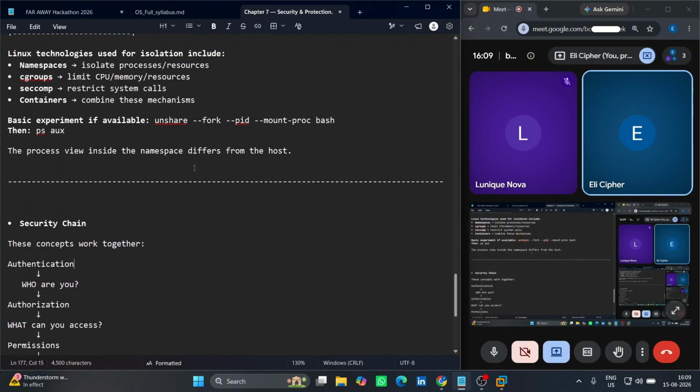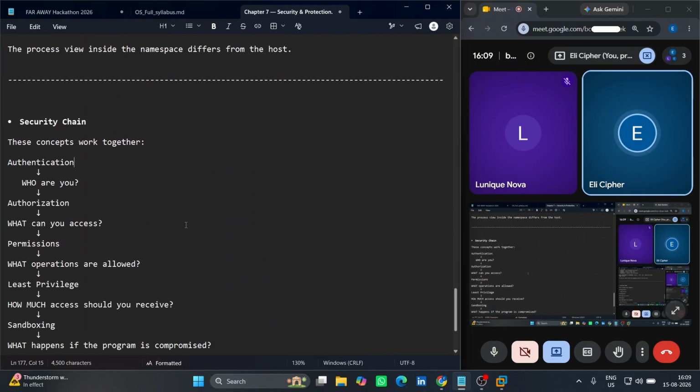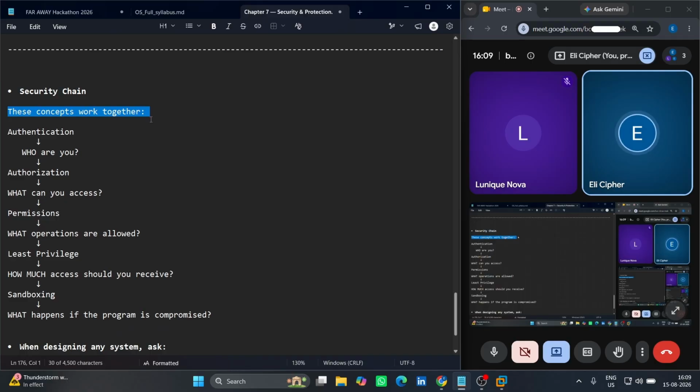So for now, I wanted to tell you that our whole security and protection part is completed. We are at our conclusion. Security chain: these concepts work together. Authentication asks who you are whenever you log in.